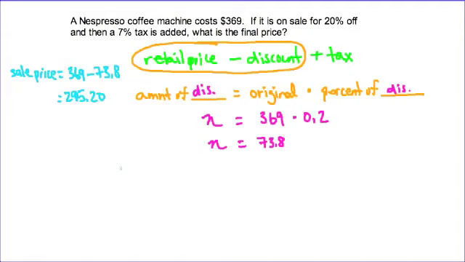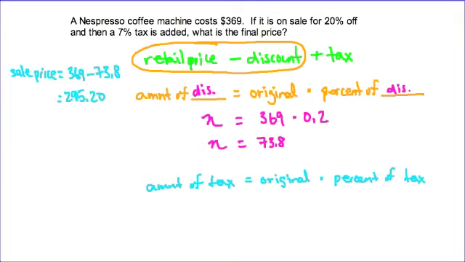Now I need to add a tax to this. To do that, I'm going to find the amount of tax, and that's going to equal the new original price, which in this case is the sale price, times the percent of tax.